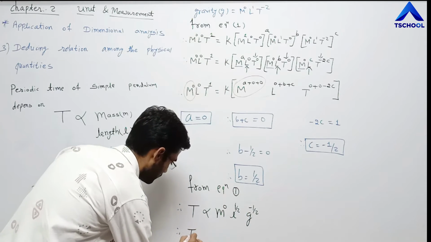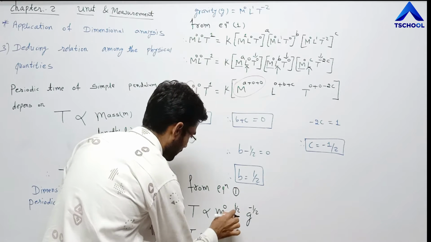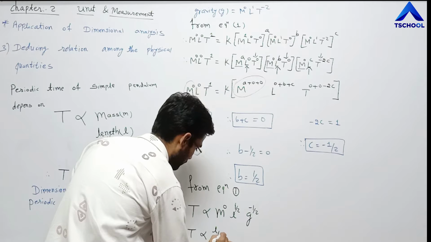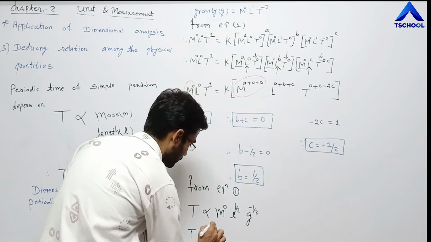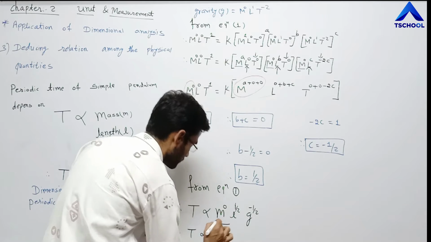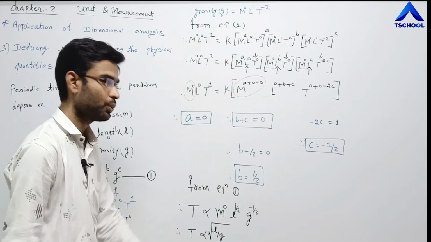Therefore T is proportional to m power 0, which is equal to 1, L power 1 by 2 and G power minus 1 by 2, that means root of L by G. T is proportional to root of L by G.